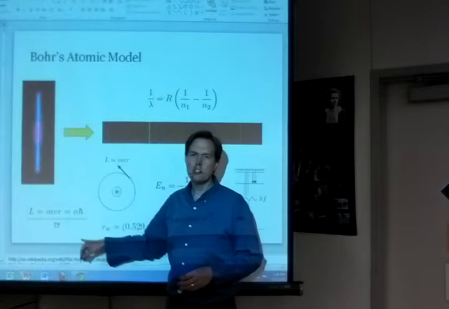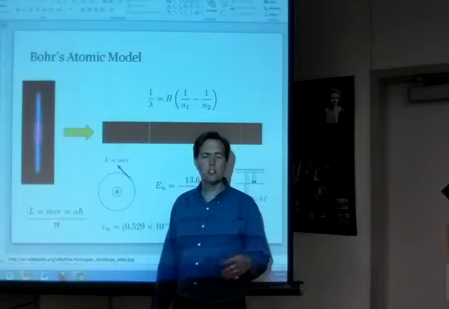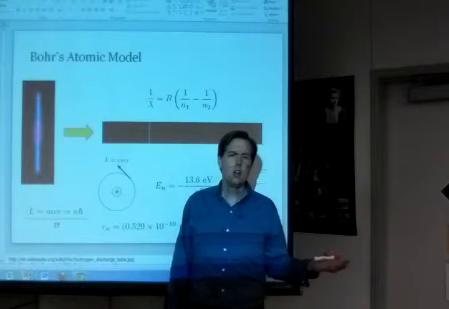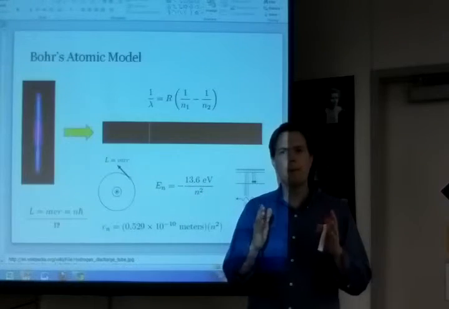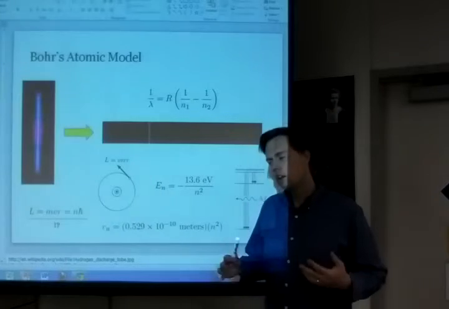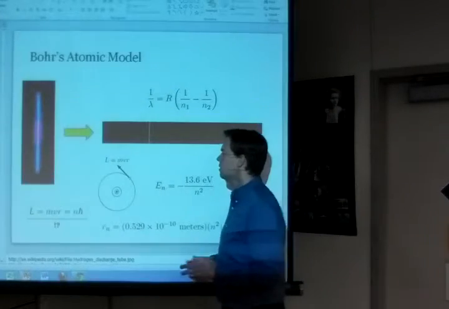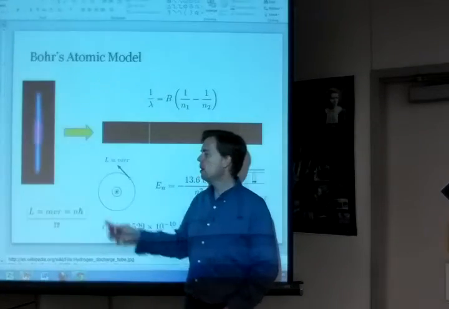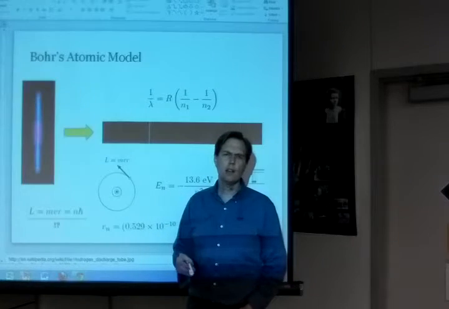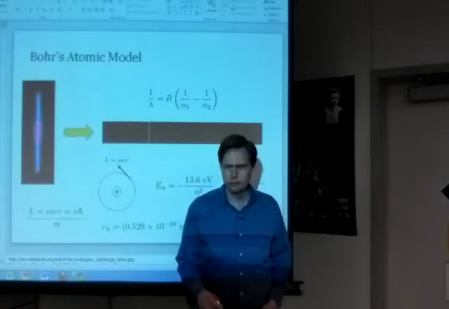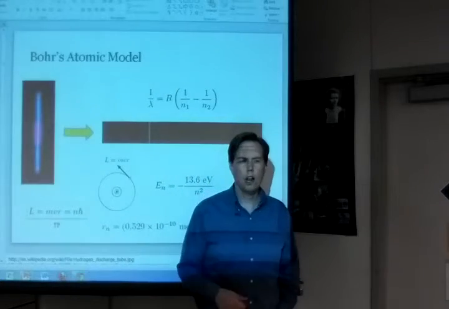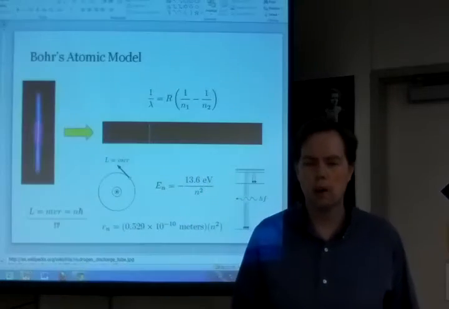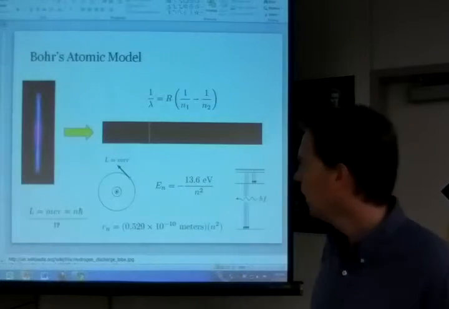And let's say it's related to Planck's constant, which he made a similar assumption regarding light, that light comes in discrete packets of energy. Bohr said, let's assume the angular momentum comes in discrete packets of angular momentum. And basically, it's some integer multiplied by h bar. H bar is Planck's constant divided by 2 pi.